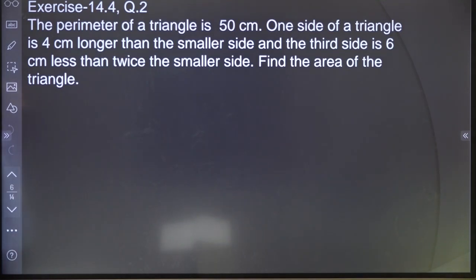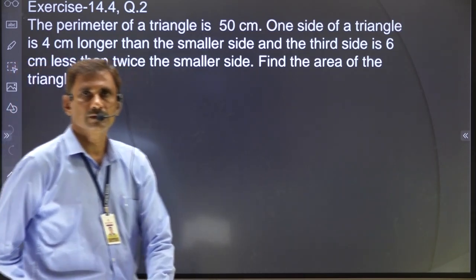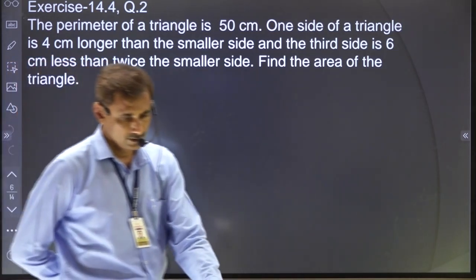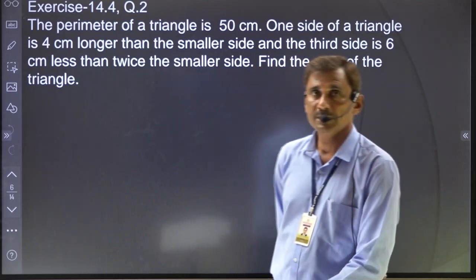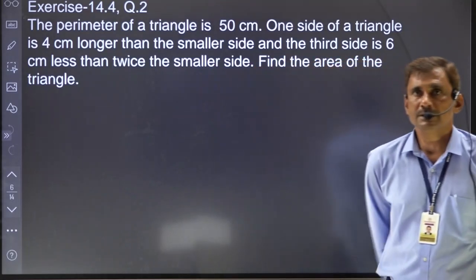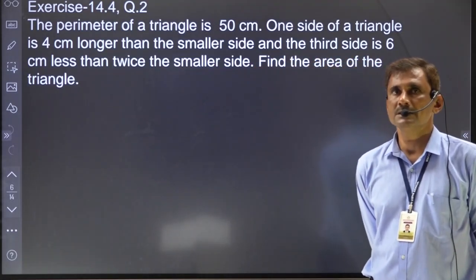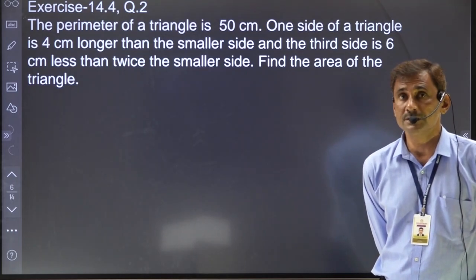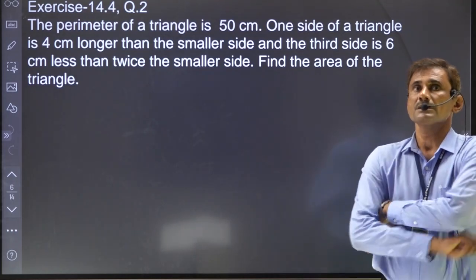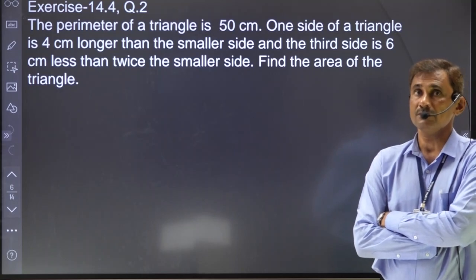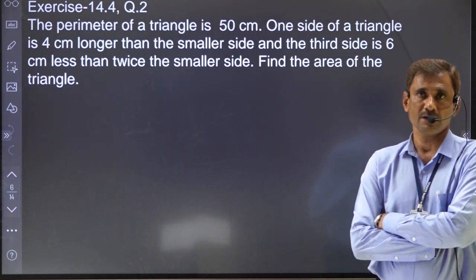Okay, it is 14.4, question number 2. Just understand it. Perimeter of a triangle is 50. One side of a triangle is 4 centimeter longer than the smaller side, and the third side is 6 centimeter less than twice the smaller. Find the area of the triangle.